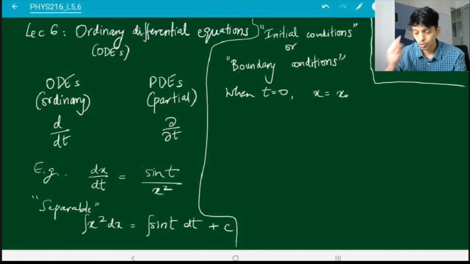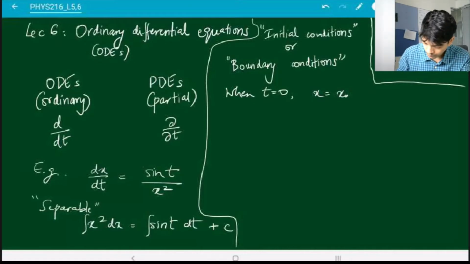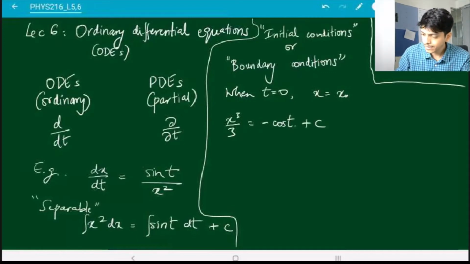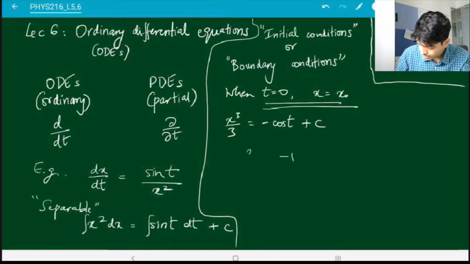So you solve this differential equation, you do this integration over here, so you'll get something like x cubed by 3 is equal to the integral of sine, which is minus cosine, plus c, and then you plug in this condition. So cosine of 0 is 1, so this is x naught cubed by 3. So this tells you what the value of c should be.